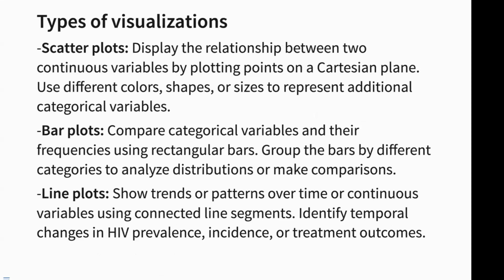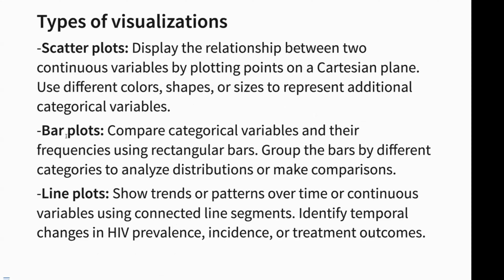So there are different types of visualizations we look at. We look at scatter plots. Okay, this just gives you a relationship between two different continuous variables, and it will plot for you on a Cartesian plane, that is just an x and y plane. For this one, you can decide to use different colors of those points, different shapes, sizes, and etc. We can also have bar plots to compare categorical variables.